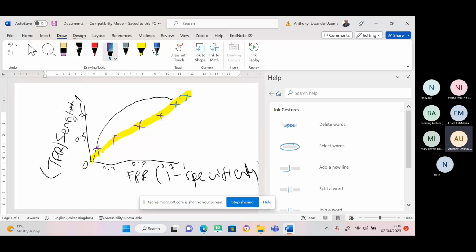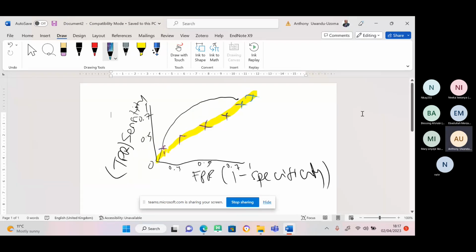Any value that lies on this yellow line represents a point where that test is of no value. Any value that falls on that straight line tells you that the test is of no value because it cannot differentiate. It is neither sensitive nor specific. That means that what you're getting is just a random result.